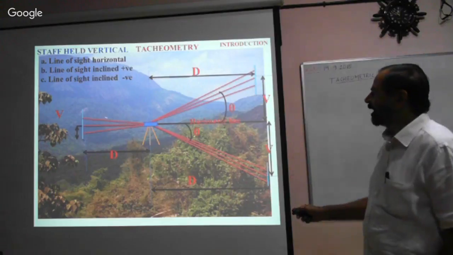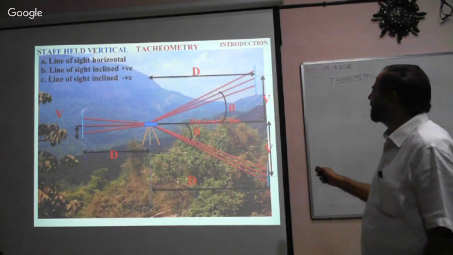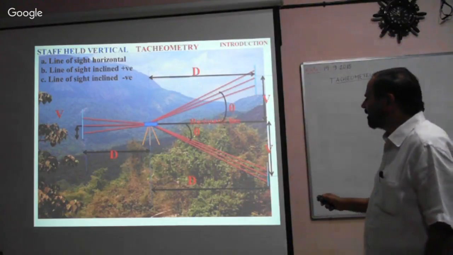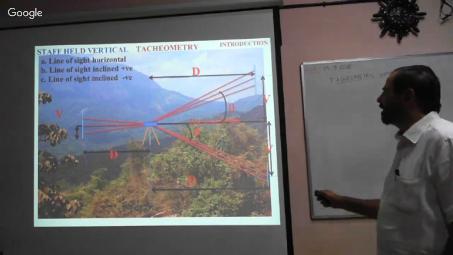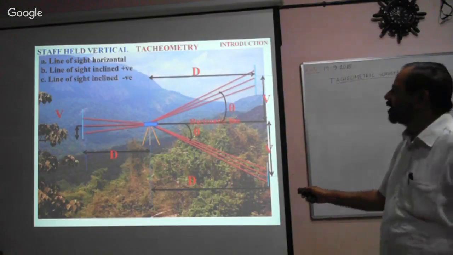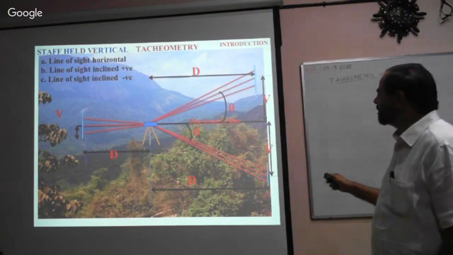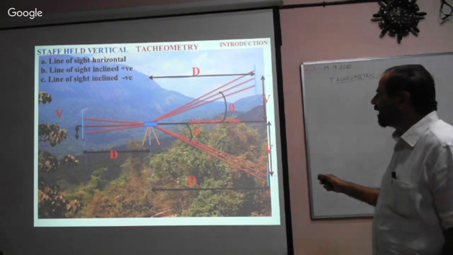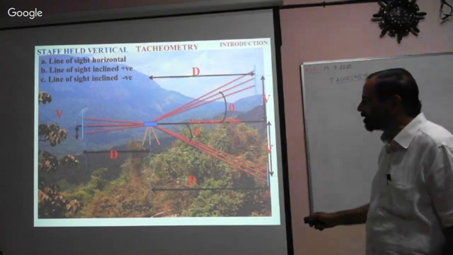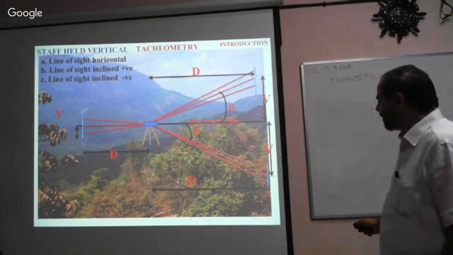The line of sight is horizontal, inclined upward, and inclined downward. There are three situations here. This is the horizontal distance, and this is the location where we need to calculate the elevation of this point. Similarly, we need to calculate the elevation of this point, and of this point also.